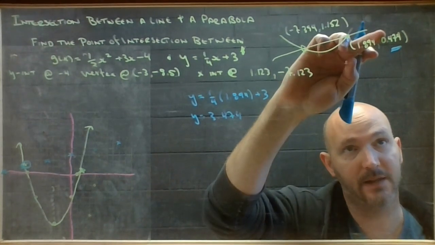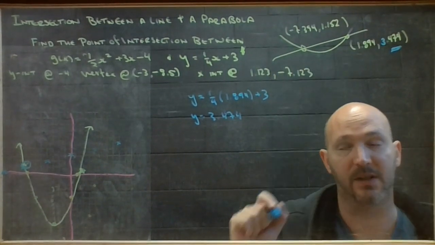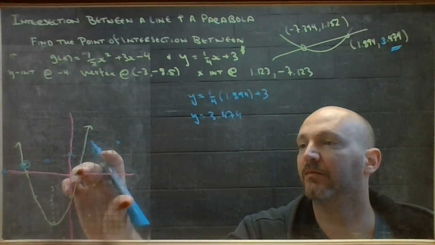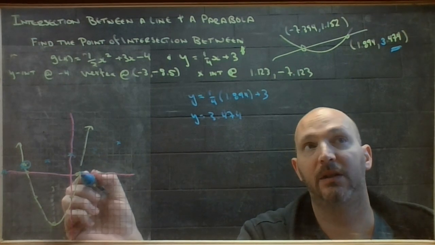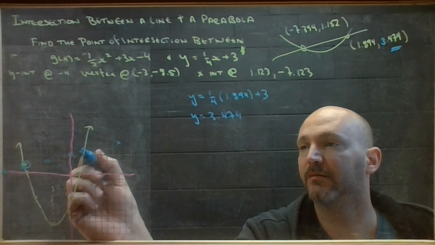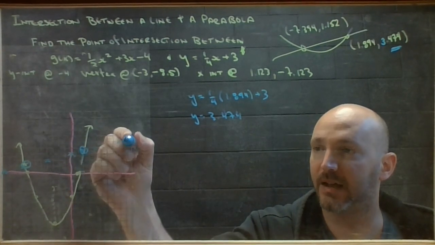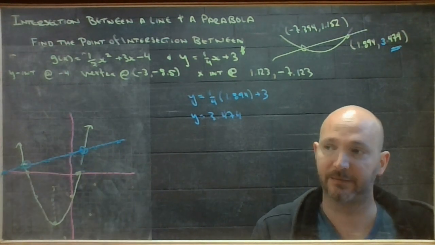So that number is wrong there. It should be 3.474. So if I fix that, I go to 1.894 and up to 3.5. There we go. That's where that line should cross the parabola.